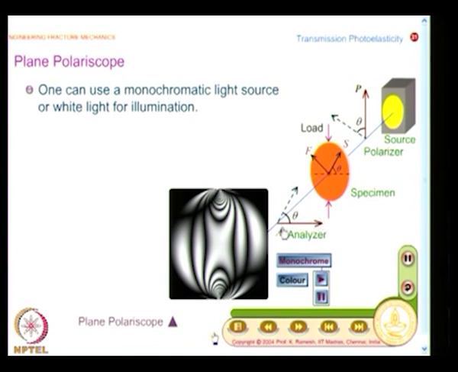So, this will only detect whether the light that comes out of the model is plane polarized. If it is plane polarized in the same direction as the input light, then this will completely cut off the light, because that will be perpendicular to it, it will completely cut off.